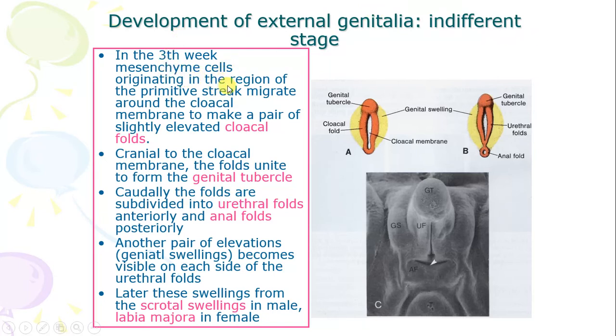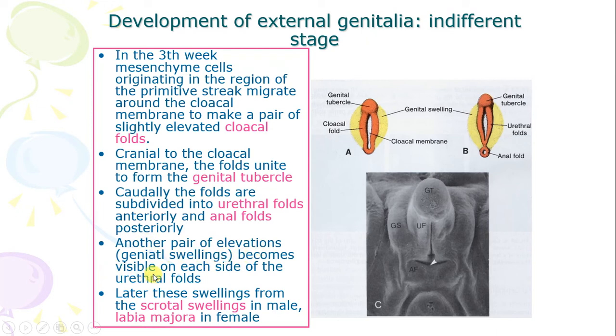The mesenchymal cells originating in the region of the primitive streak migrate around the cloacal membrane to make a pair of cloacal folds. Then, cranial to the cloacal membrane, the folds unite to form the genital tubercle. Caudally, there are the urethral folds anteriorly and the anal folds posteriorly.